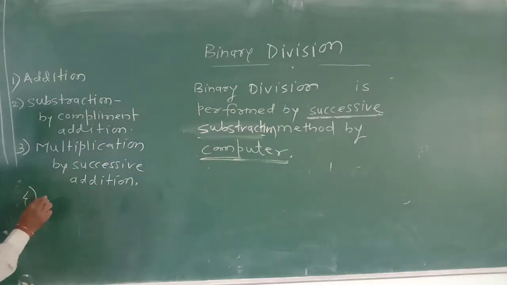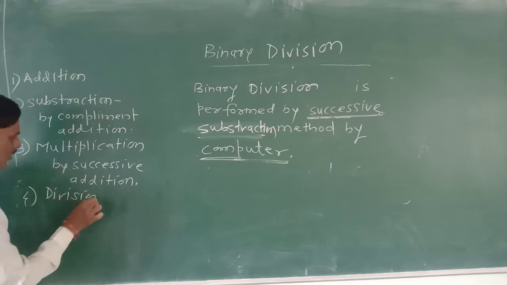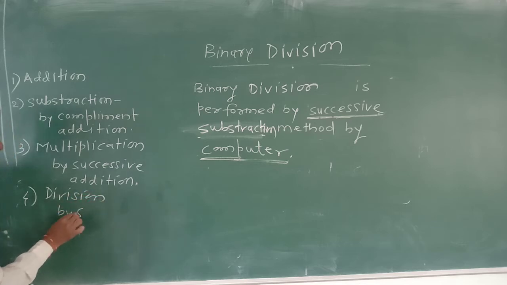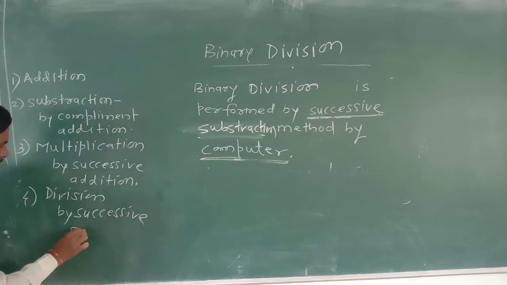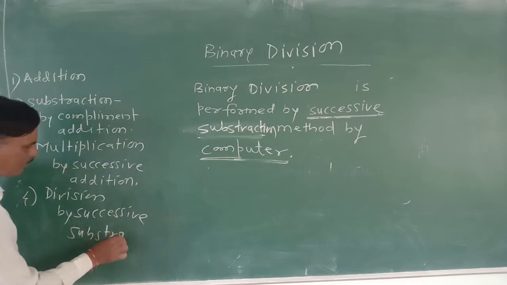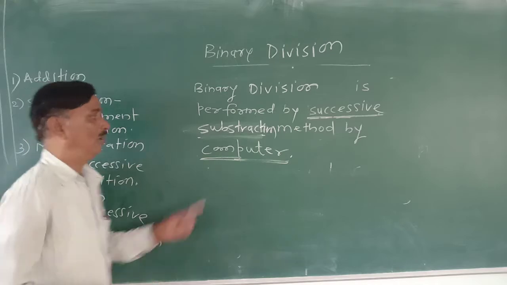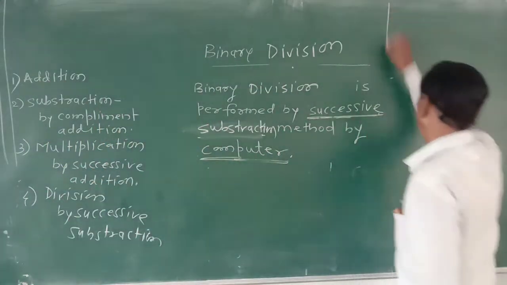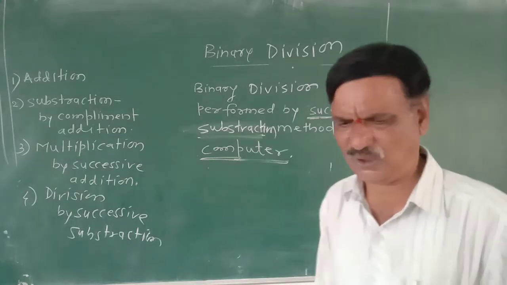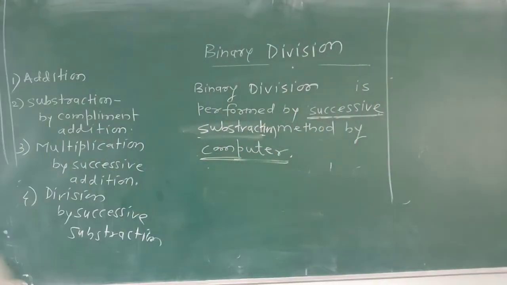So division by successive subtraction. How is it performed? Let us see the example on the same ground of the decimal number system.